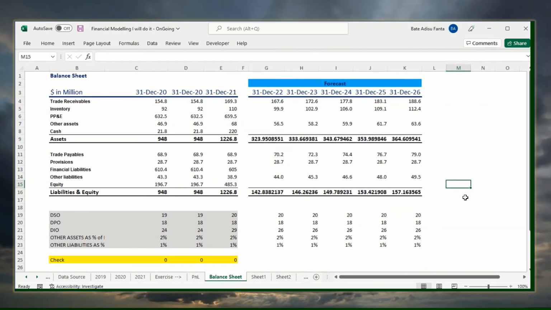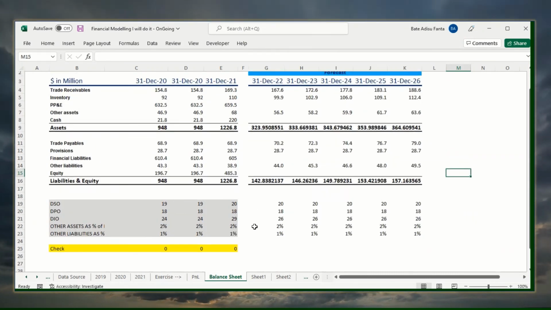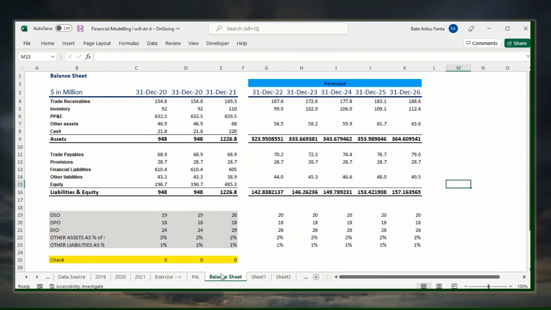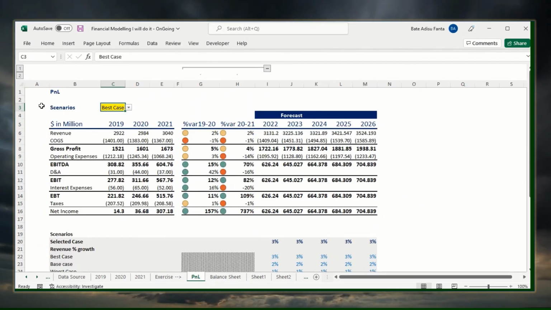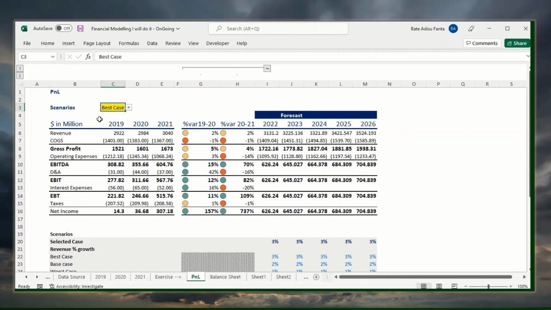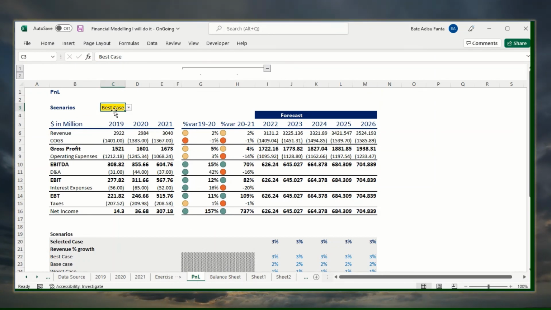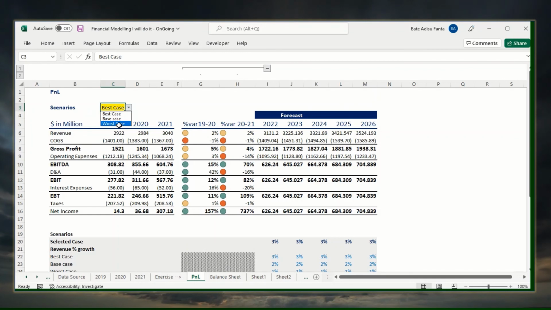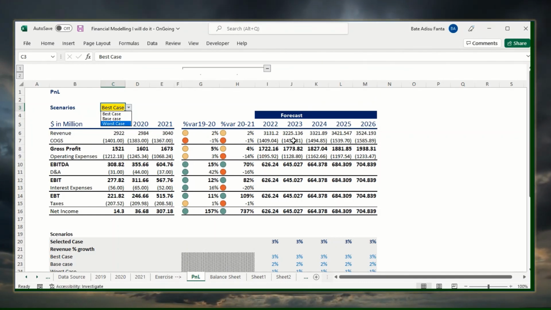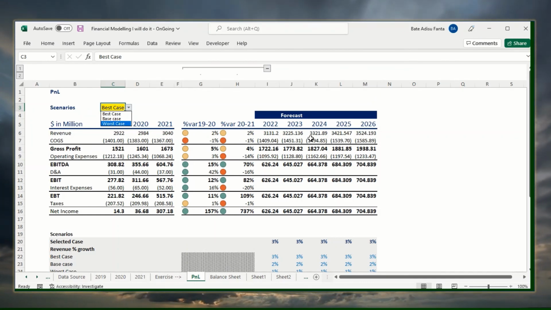Yeah, looks good. All right, before we close, you can see here that if I change the scenario in the income statement or PnL statement from best case to worst case, it changes the projected amount or forecasted amount in the PnL statement.